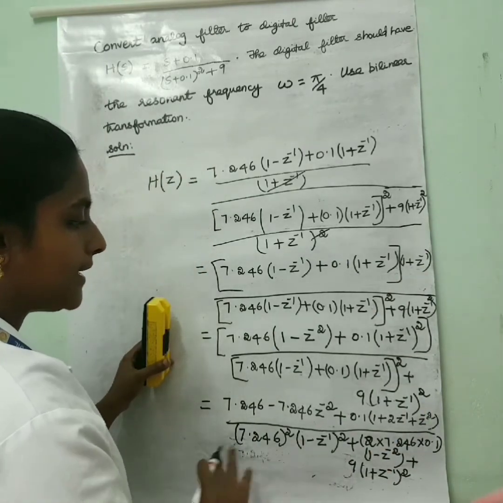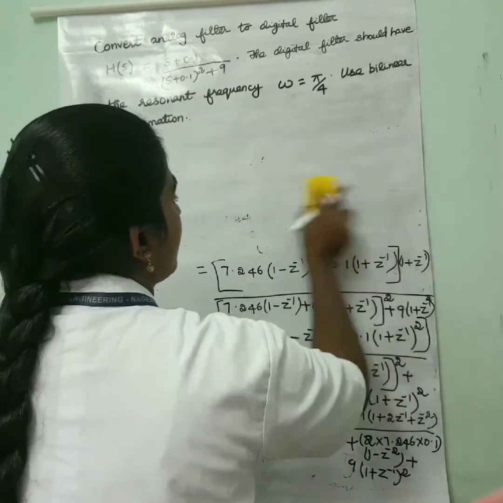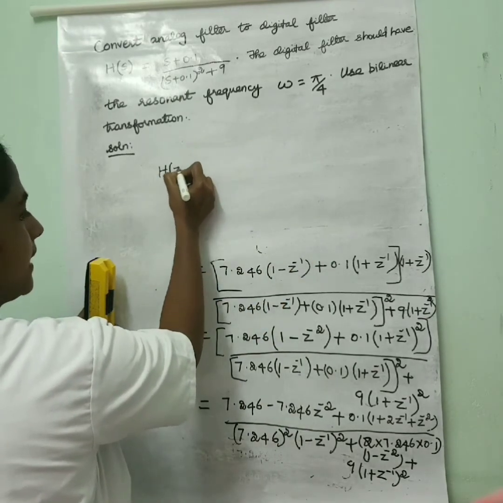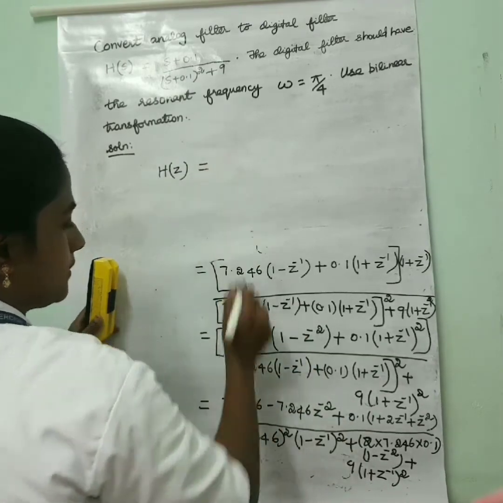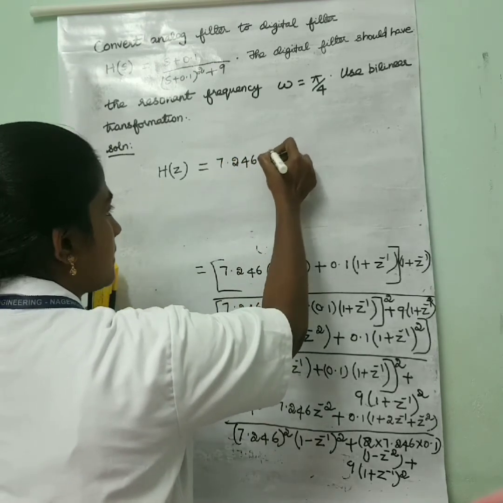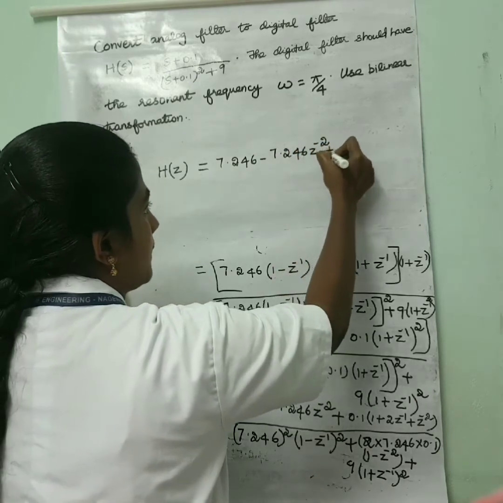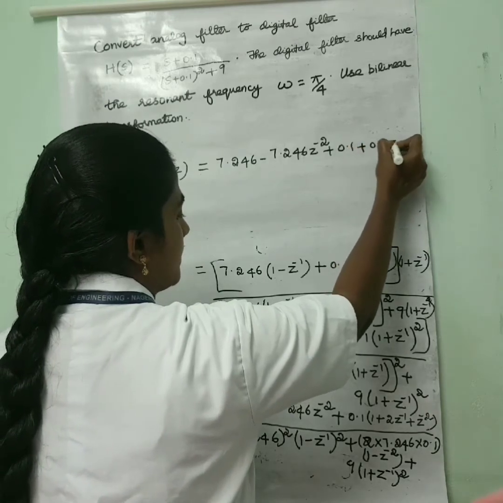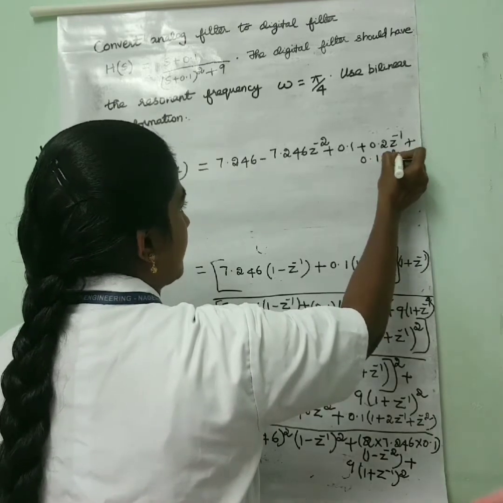Next you can simplify this equation. Now you can multiply all the values inside. So 7.246 minus 7.246 into z power minus 2 plus 0.1 plus 0.2 into z inverse plus 0.1 into z power minus 2.